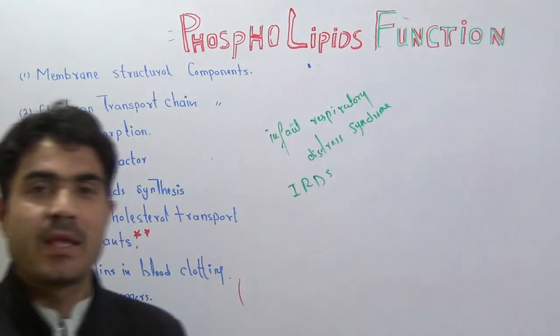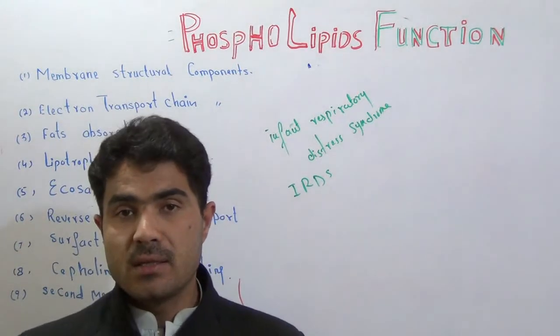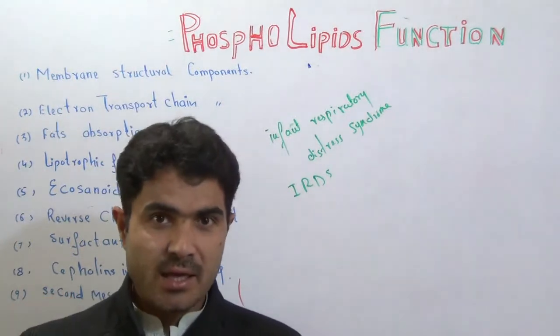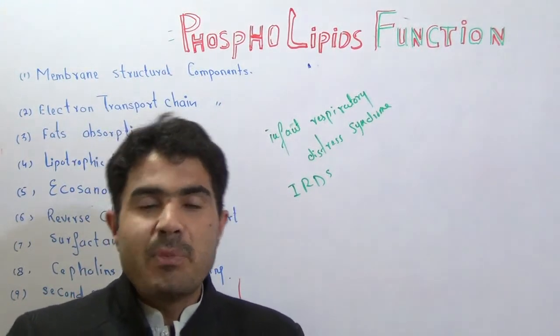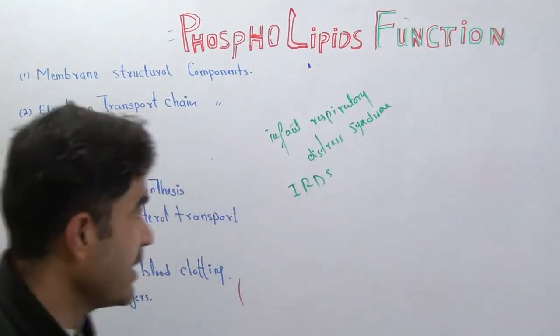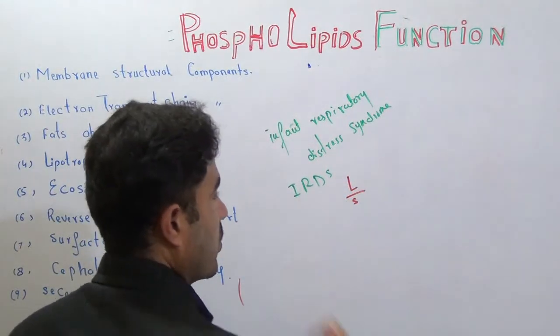And one thing more, we can analyze the health of the lungs of the child. We can analyze whether the lungs are completely matured or not. So there is a good indicator. What is the indicator? That is the LS ratio. What is L?